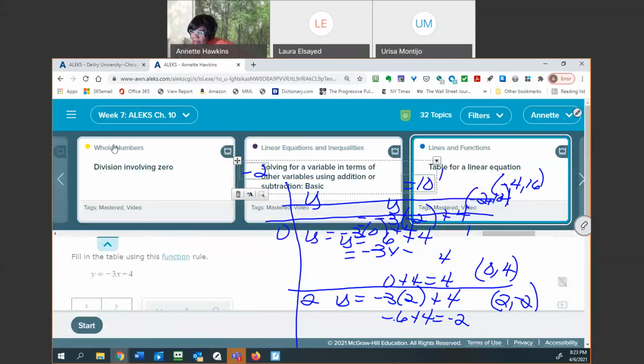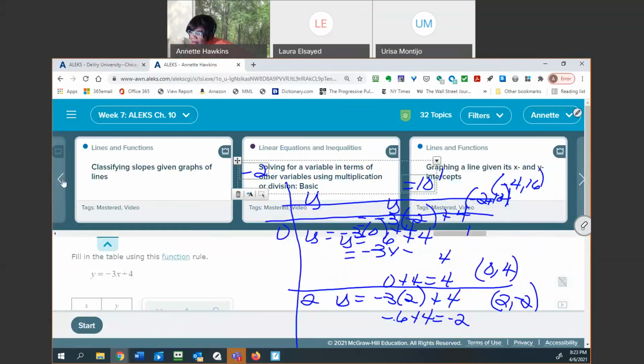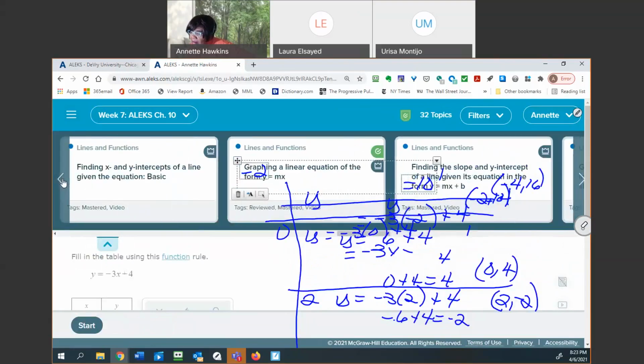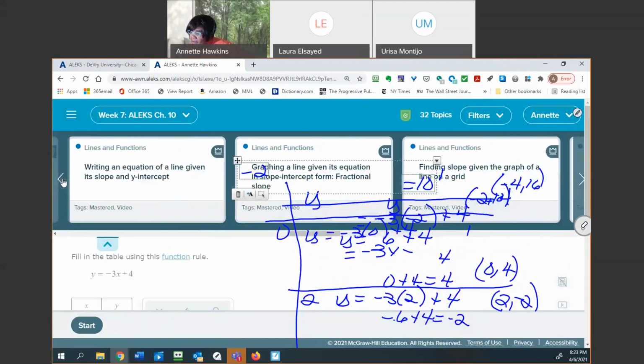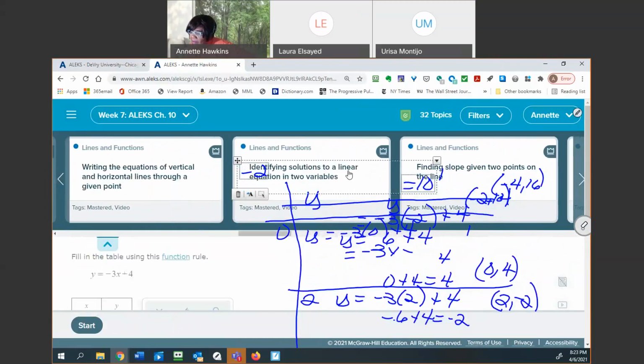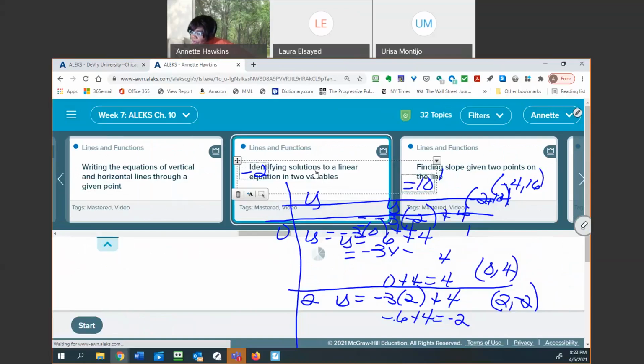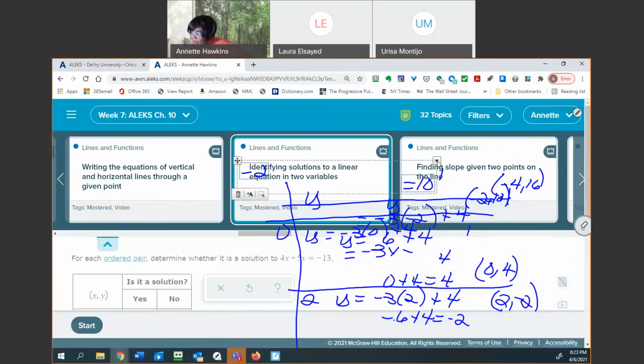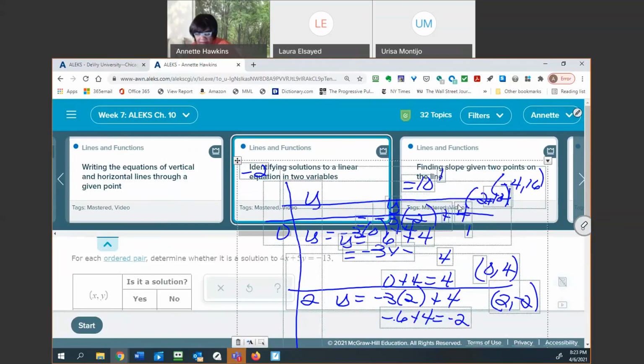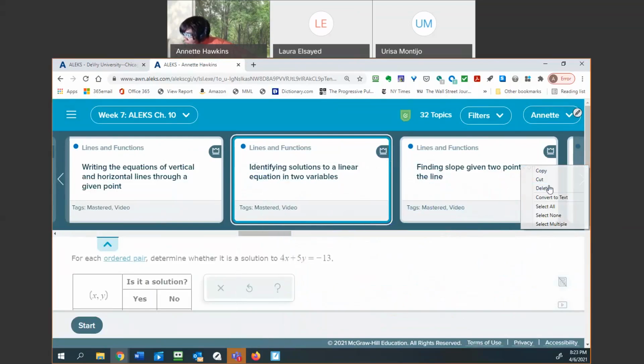Let me go back. Here we go, right here. Identify a solution to a linear equation in 2 variables.